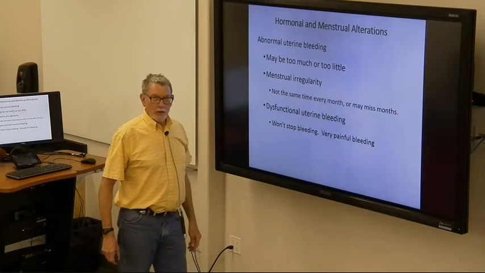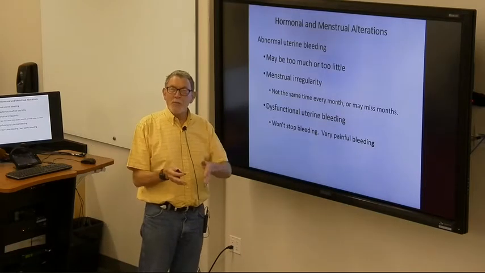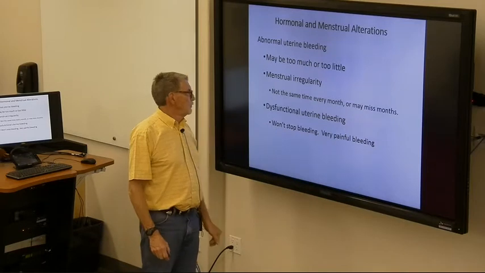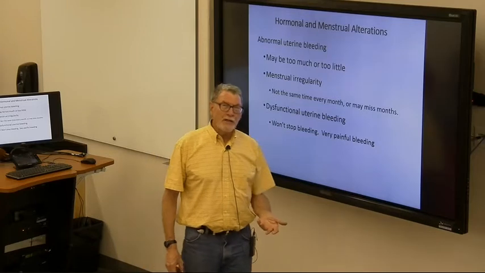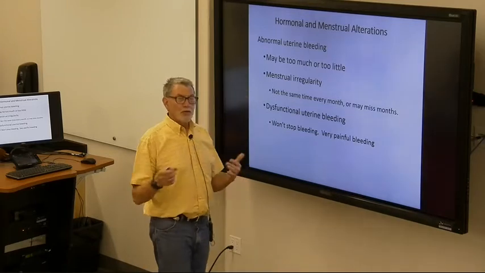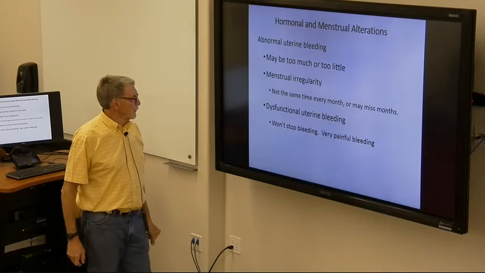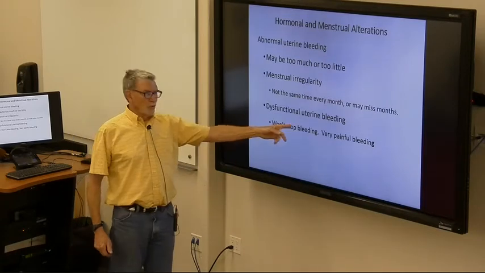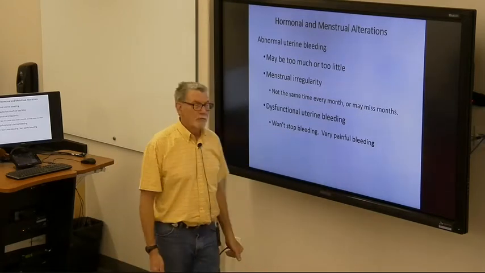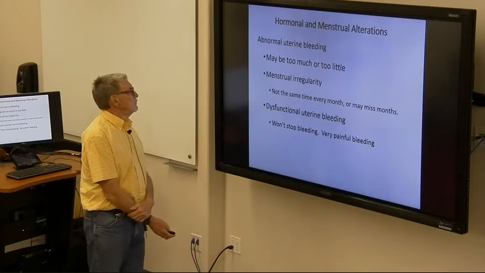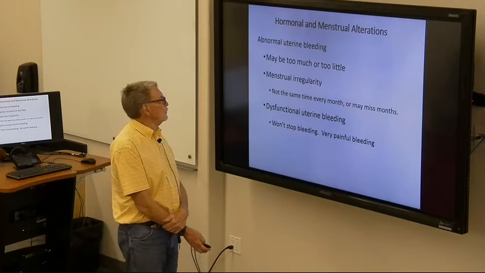Menstrual irregularity. Your menstrual cycle is short one time and long the next time and may miss a month. This is probably going to be hormonal. It may be due to taking birth control pills, or it may just be that your hormonal balance is not regular. Dysfunctional uterine bleeding, very painful or between periods, called menorrhagia or metromenorrhagia.